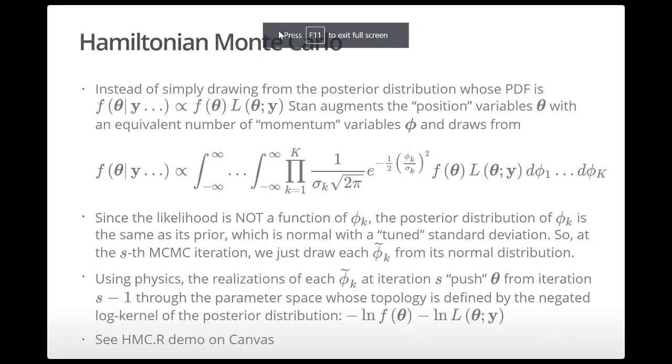If you go back to this, we have the logarithm of the right-hand side of Bayes' rule multiplied by -1. So we can ignore that constant, and the main reason is because the physics involves the derivative of the posterior log kernel with respect to theta. But the denominator of Bayes' rule, or the logarithm of it, isn't a function of theta, so the derivative of that with respect to theta is 0.